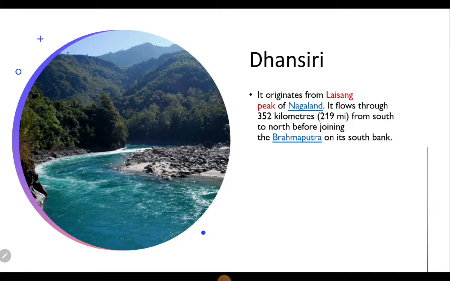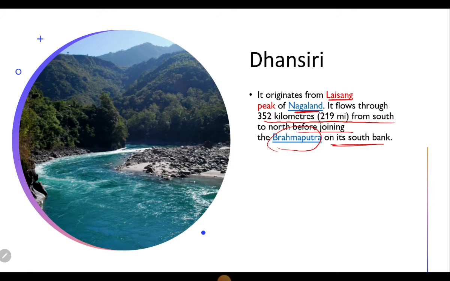So Dhansiri originates from the Laisang Peak of Nagaland. It flows 352 kilometers from south to north before joining the Brahmaputra on its south bank.